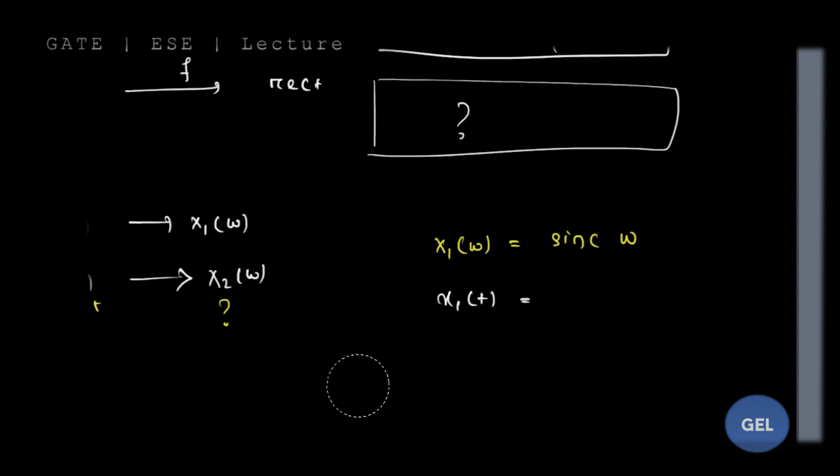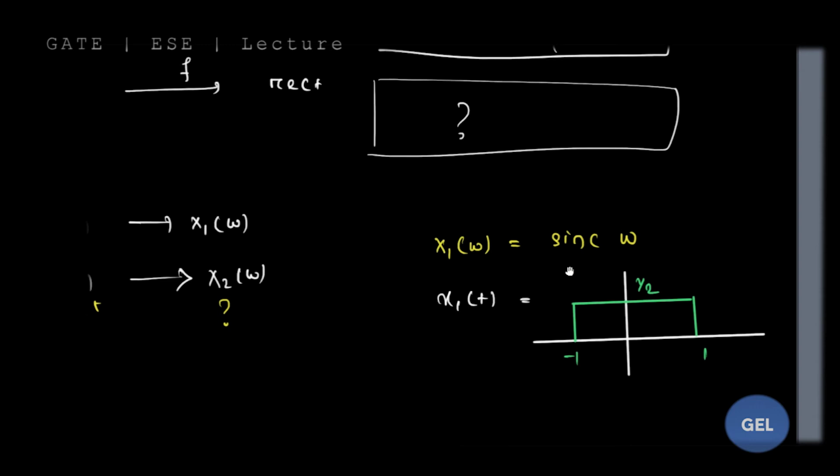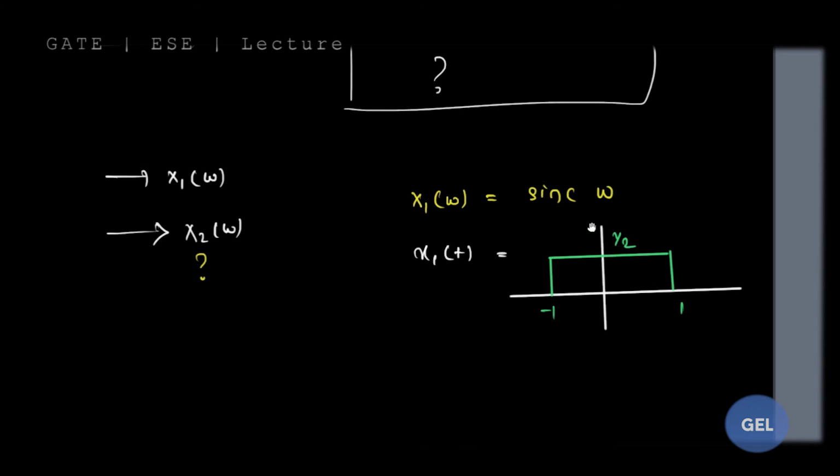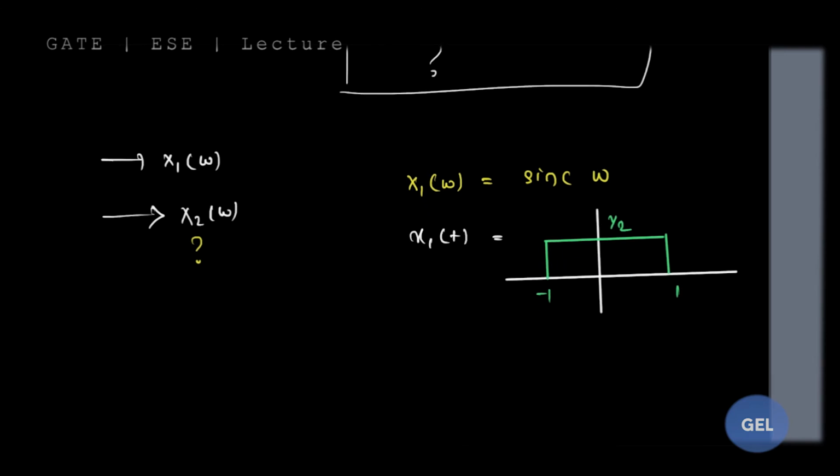So x1 of t is nothing but a gate function or rectangular function, which is given like this: from minus 1 to 1, with height 1 by 2. Clear this concept? It's a very simple concept. Once you have the rectangular function, how do you write it as an equation?